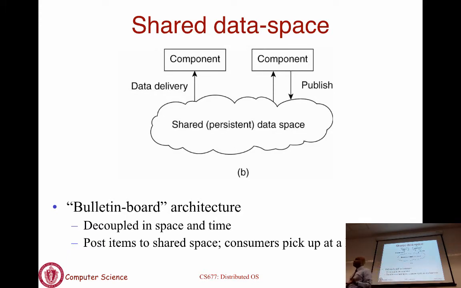Application components can publish events or data, but they put it into the shared persistent data space, which we'll also call the bulletin board. Other components can come at some later point in time and take delivery of whatever is put on the bulletin board. Think of it as a physical bulletin board where, let's say, you want to sell some furniture that you want to get rid of.